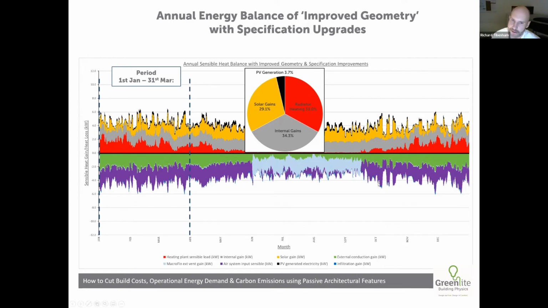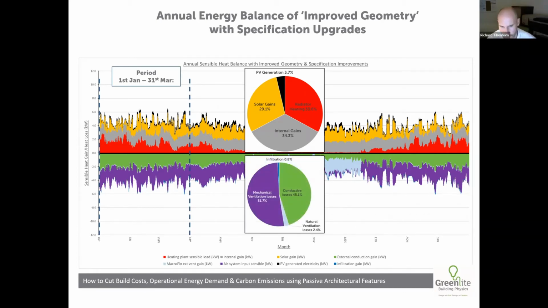So rather than the radiators contributing 60% of the load, we're now exceeding that simply through solar gains and internal gains. PV generation has gone up to nearly 4% thanks to having a lower overall energy demand, and we've reduced the radiator component down to only 33%. So you can see the effect of that improvement of the geometry to yield greater passive solar heat gain really has a very pronounced impact on the radiator energy demand.